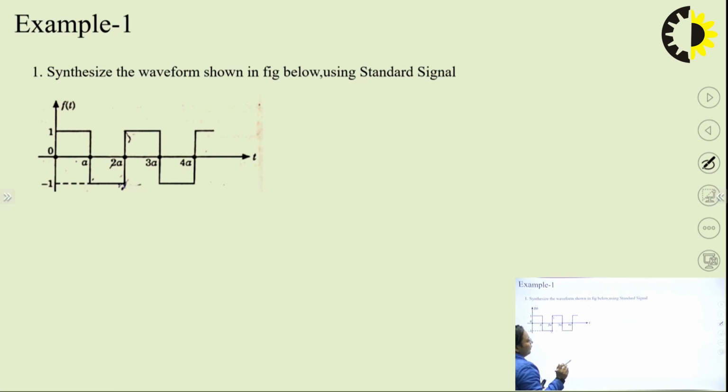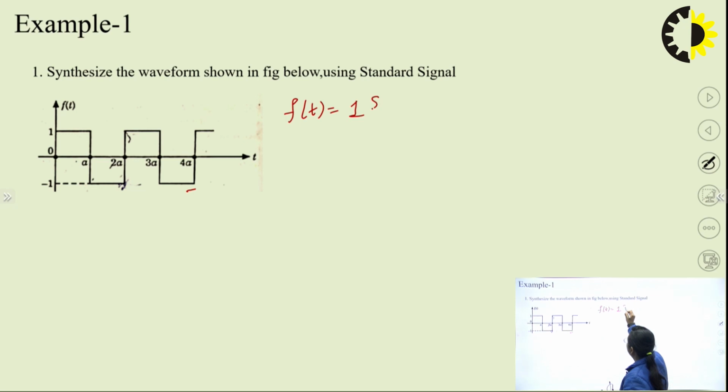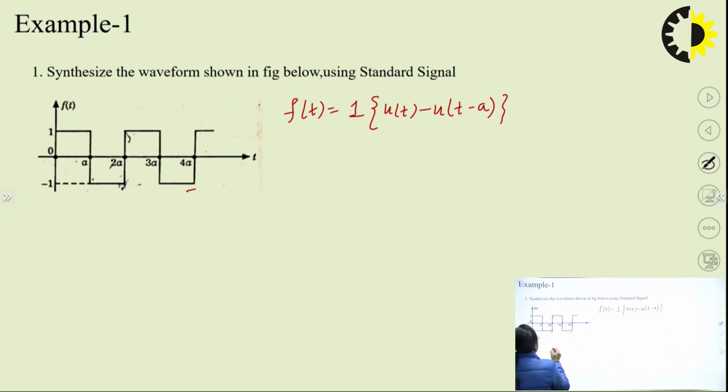From 0 to A the magnitude is 1, and from A to 2A the magnitude is -1, and similarly the cycle goes on. So I can write f(t) will be equal to, depending upon the gate signal, the magnitude is 1 from 0 to A, and I can write it as u(t) minus u(t minus A).